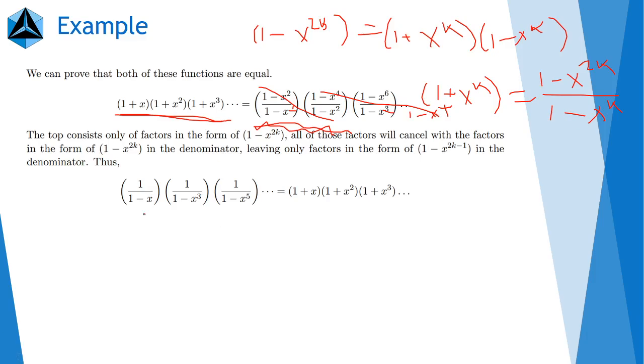And thus, this is what we're left with, and this is the generating function for partitions with odd parts. And this is equal to the generating function for partitions with distinct parts. So they're both equal. For an integer n, the number of partitions with odd parts will be equal to the number of partitions with distinct parts.